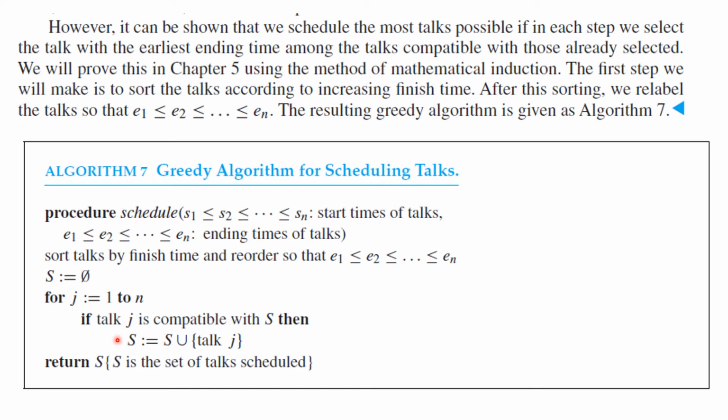If talk J is compatible with the previously scheduled talks, then we add it, going from J equals 1 to N with this ordering. Then we go to the next one and so on. Some of them we can't add, but others we can. And at the end, when we've gone through all the talks, J equals 1 to N, we return the set of scheduled talks.